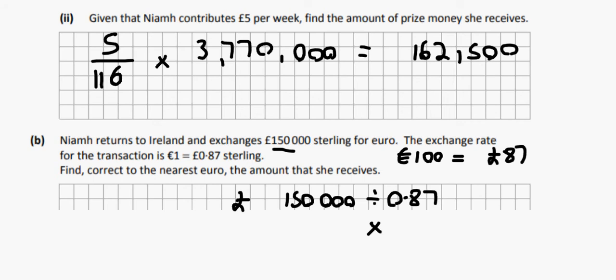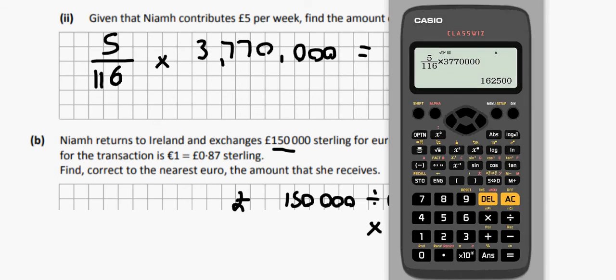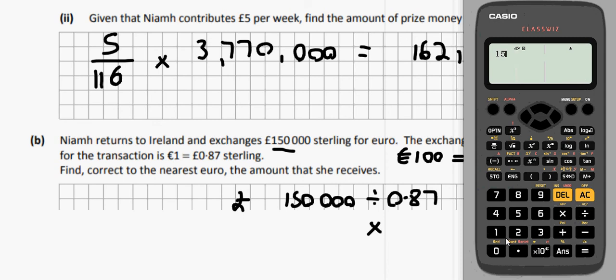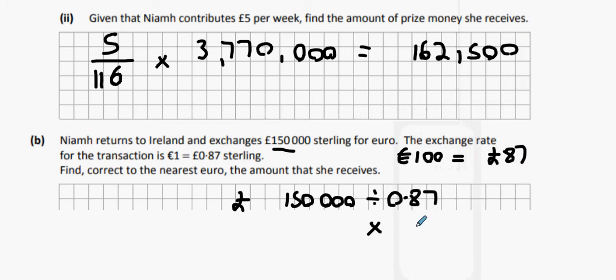Right, so what do we get then? 150,000 divided by 0.87, and you get 172,414 euro. So we divide it and we get 172,414 euro. Okay.